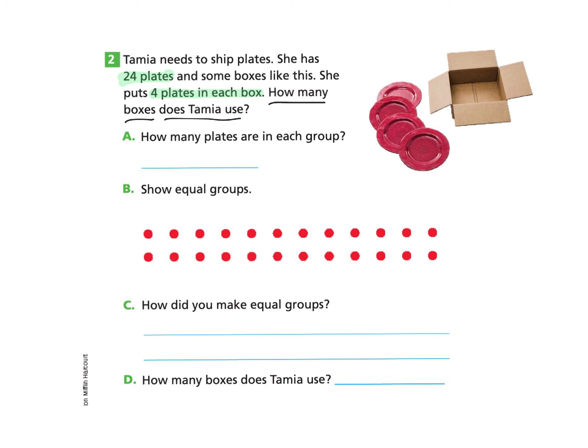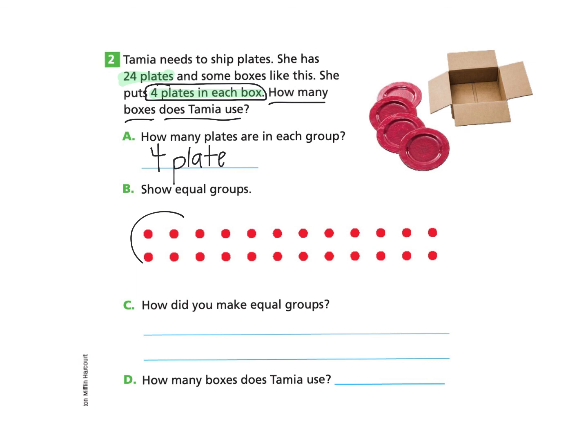First, part A asks how many plates are in each group. The information that they provided says that there are 4 plates in each box or group. So we can write in 4 plates.